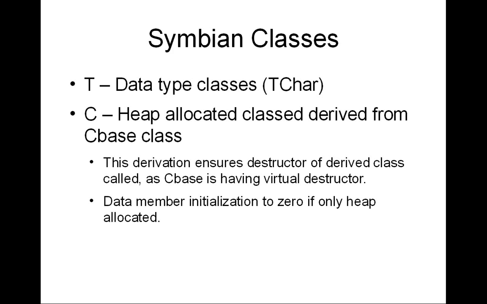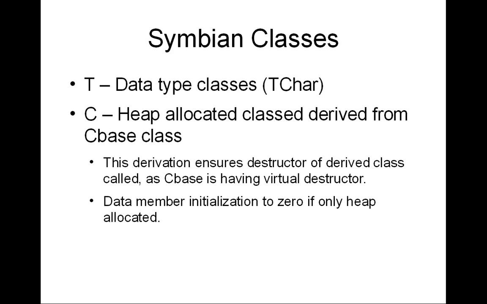So these CBase-derived classes or class objects are typically allocated using heap. So you will do a new on that class to get an instance of that object. You won't typically create this object on a stack.